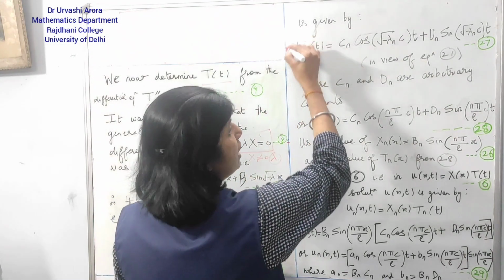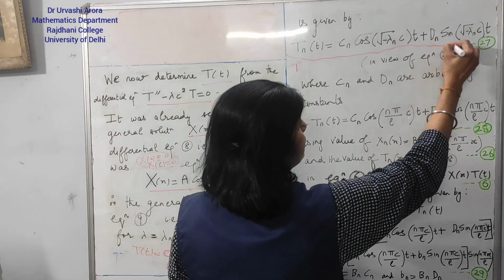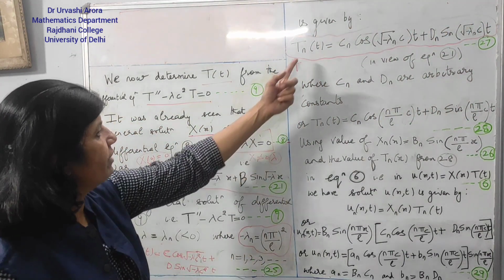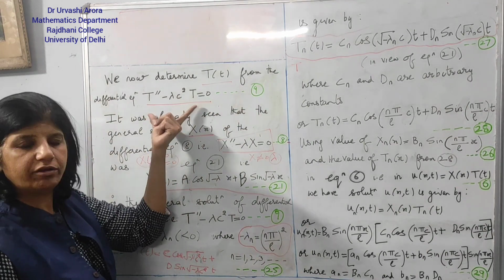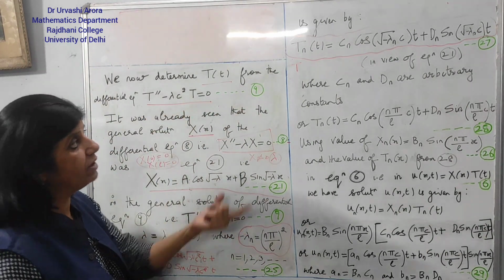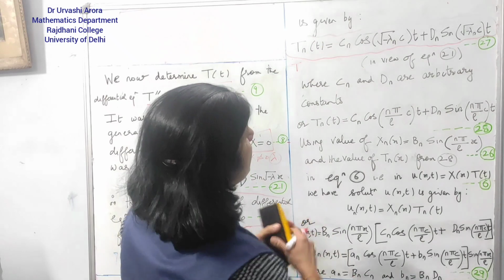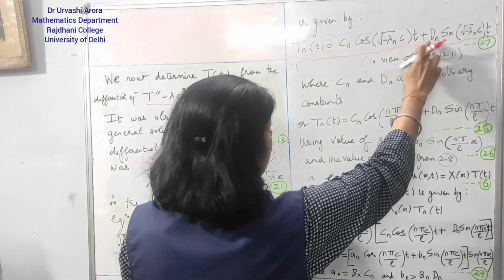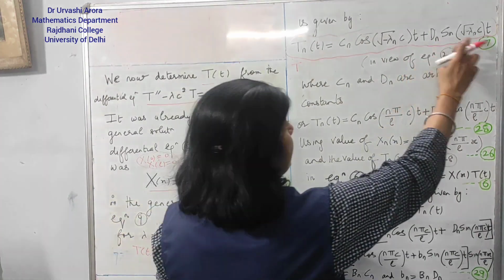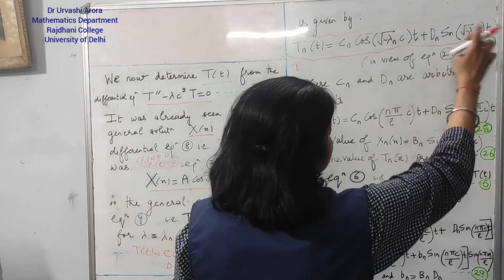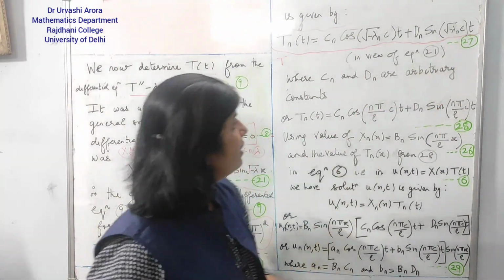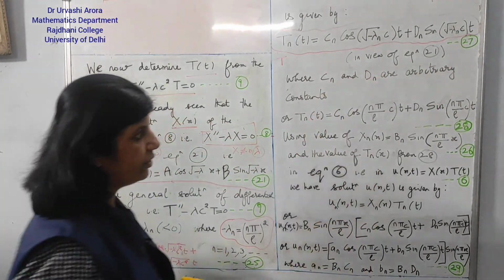So this is how the general solution of capital T, the non-trivial solution of capital T for this ordinary differential equation of second order, is given. T_n(t) is equal to Cn cos of under root of minus lambda n c into t plus Dn sine of under root of minus lambda n c into t. This we have marked as 27, and here Cn and Dn are arbitrary constants.